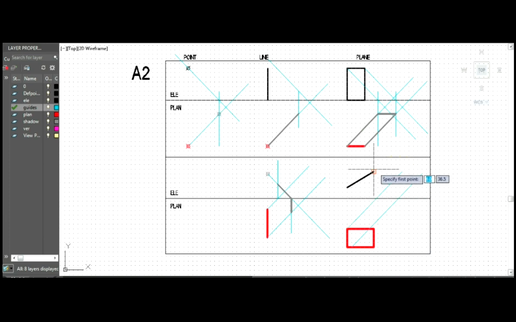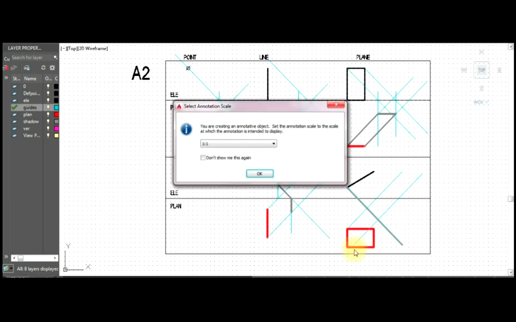Now since the object is perpendicular to the vertical plane, we'll be seeing only one point, the front point of this. I'll name them later for your reference. So this will come down at 45 degrees, right? Let us just name them.